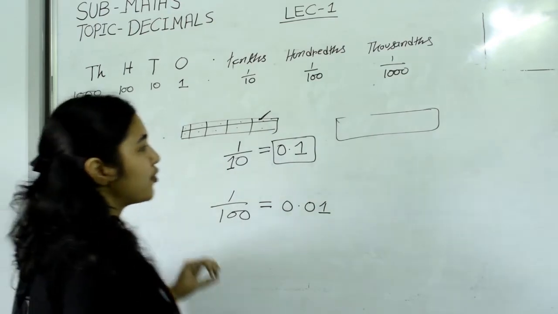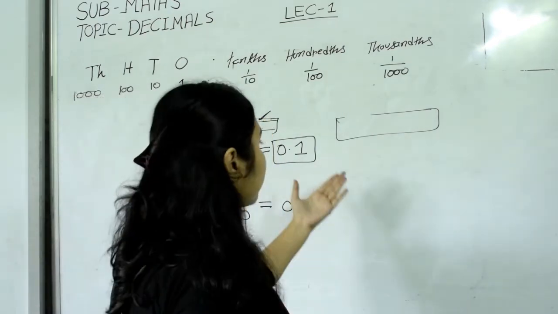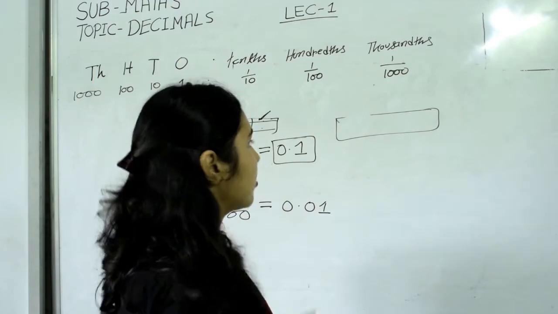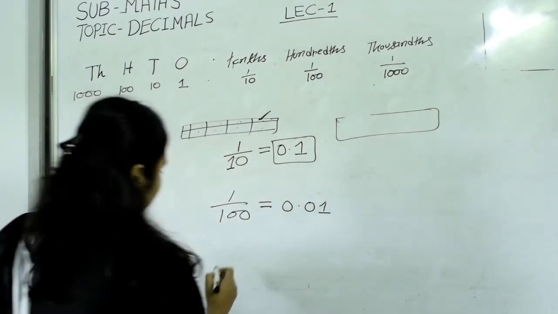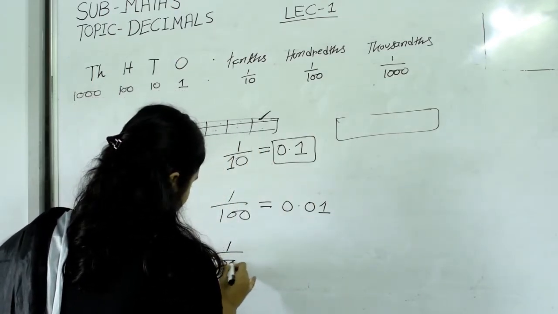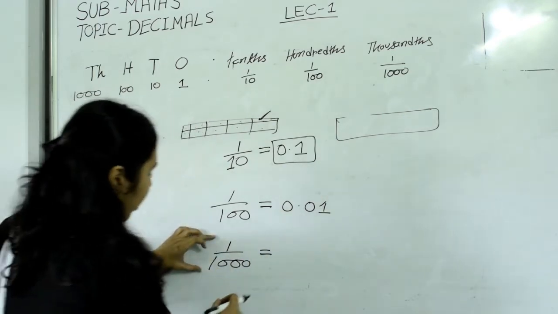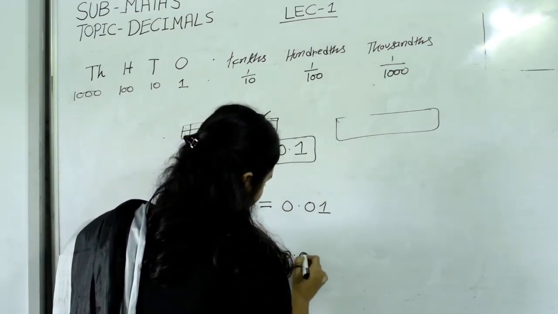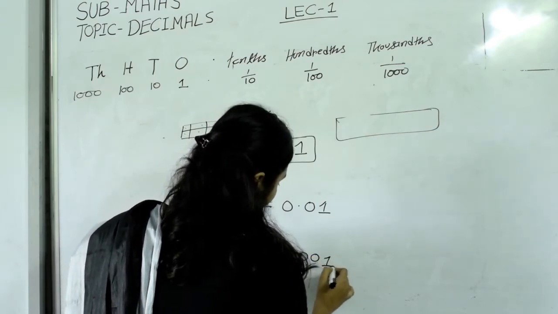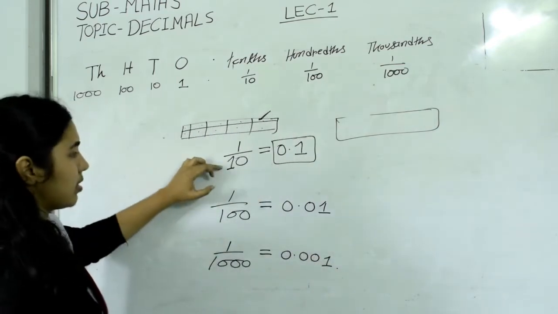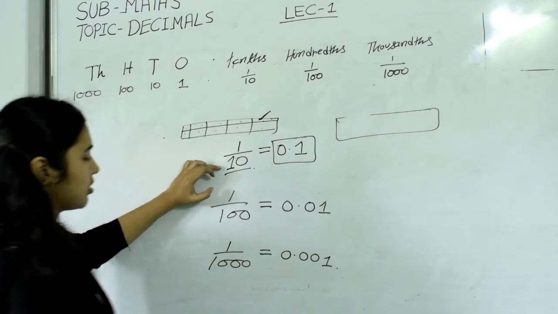In a similar way, if we divide into 1000 parts, then each of these parts you can write as 0.001. Now, look at the denominator.